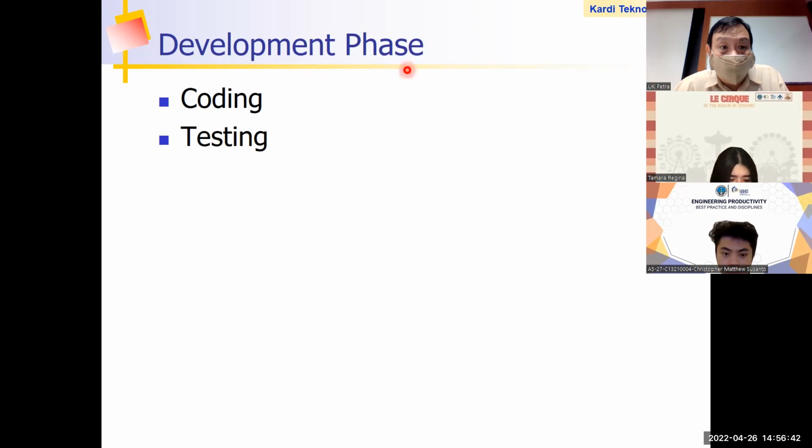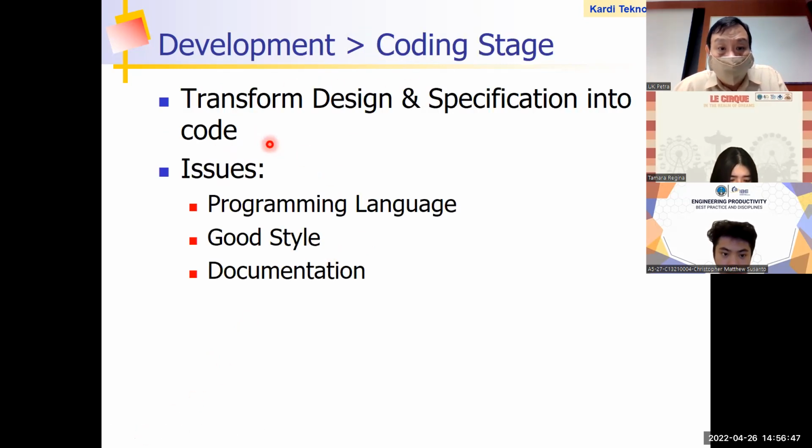In the development phase, you have coding and testing, right? In the coding, the issue is what programming language you are going to use, right? So if you know Python, then of course you will use Python. No choice, right?